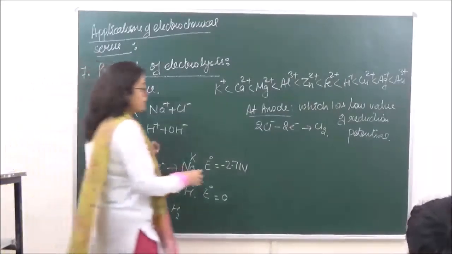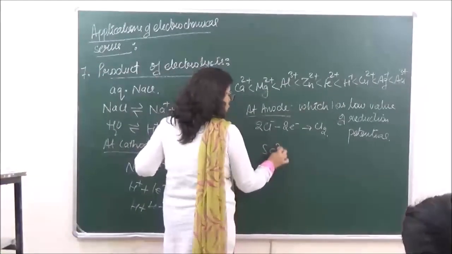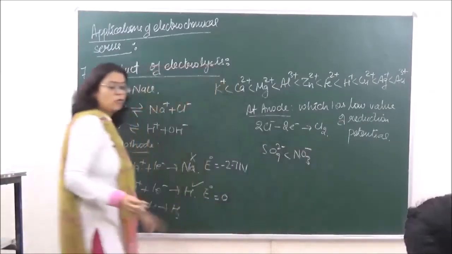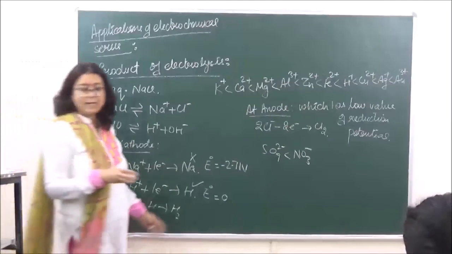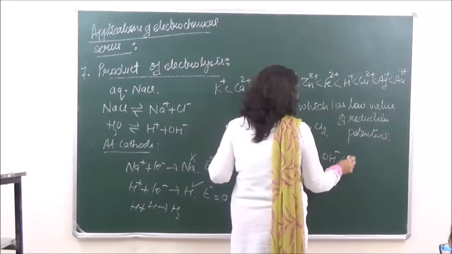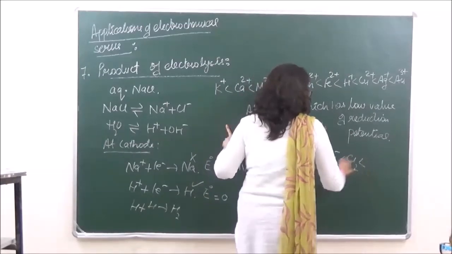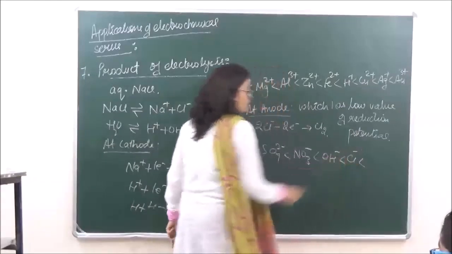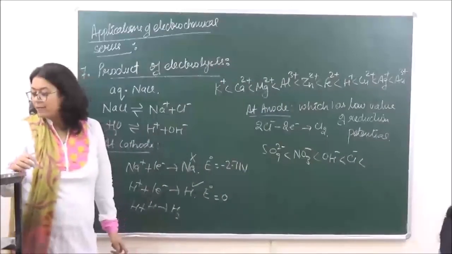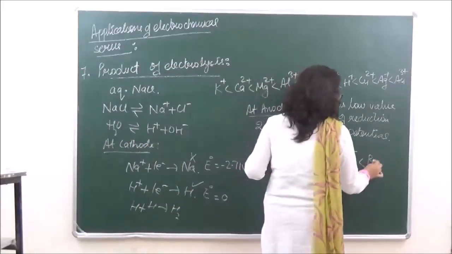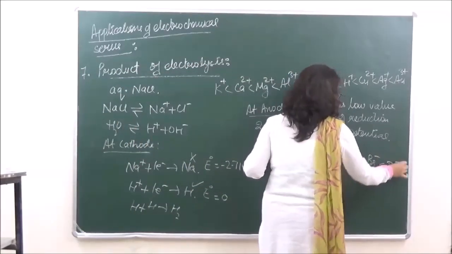So what is the order? We have SO4 2 negative, then more than that NO3 negative, more than that OH negative, more than that Cl negative, and greater than Cl negative are Br negative and I negative.